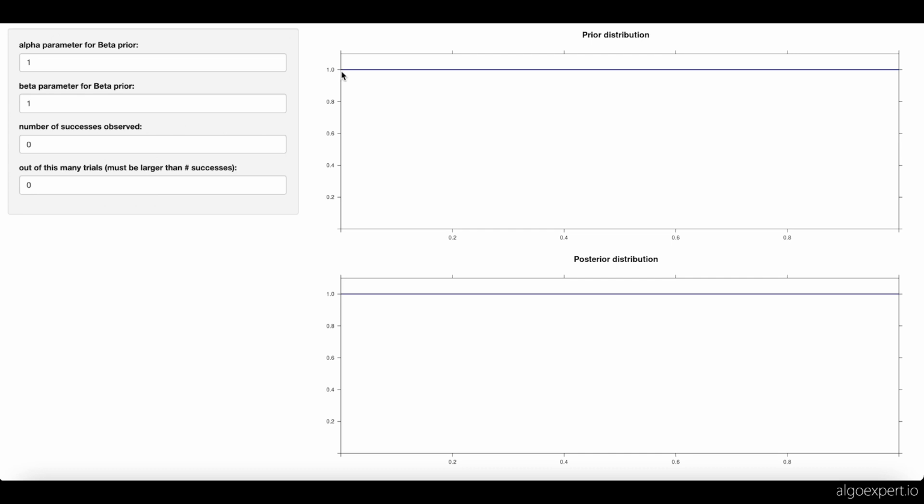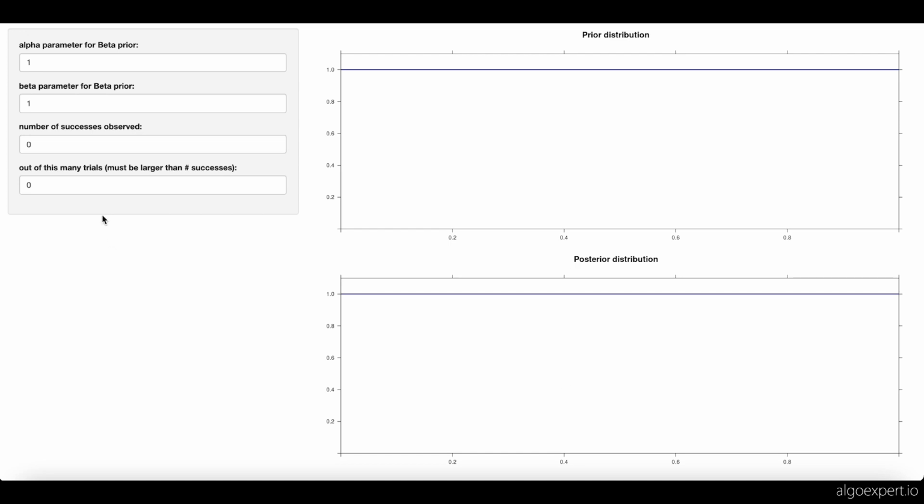That means that our prior assumption is that the click-through probability can take on any value with equal probability between 0 and 1. The posterior is going to be that beta distribution we saw earlier in the video. And these are going to be the number of successes and how many trials total, which will create the posterior distribution.